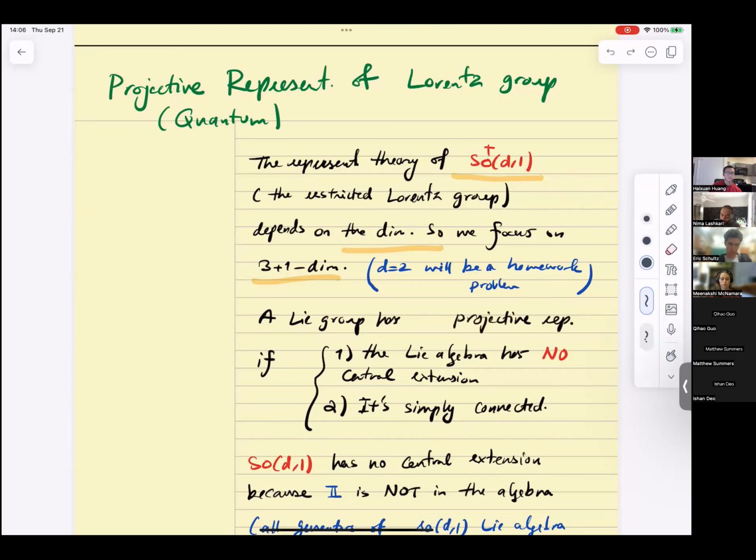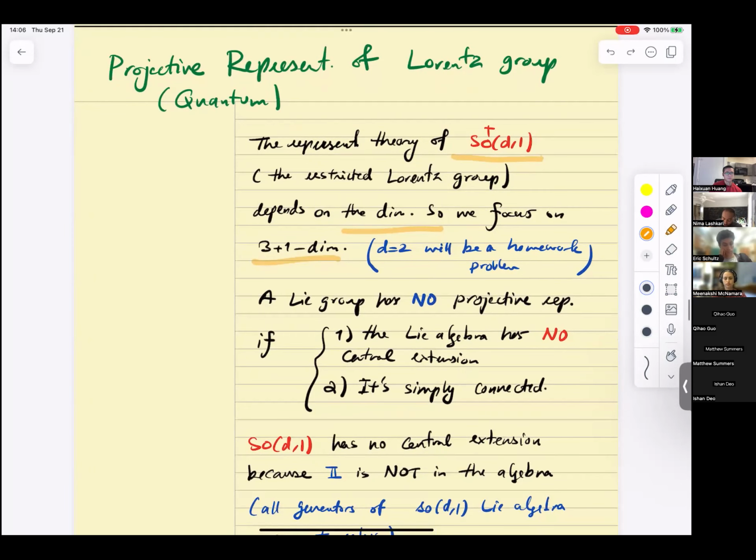That was correct. A Lie group has no projective representations if two properties are met. First, it has no central extension. Second, it is simply connected. This is something that I glossed over. I didn't really explain much, and I just pointed you to Weinberg's book for this. But now I'm explaining it. So SO^+(D,1) has no central extension.